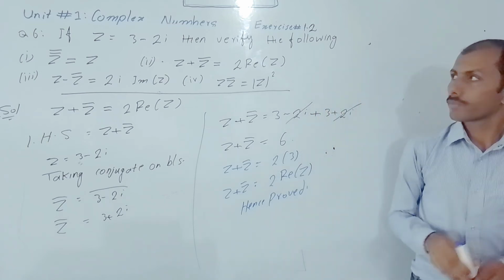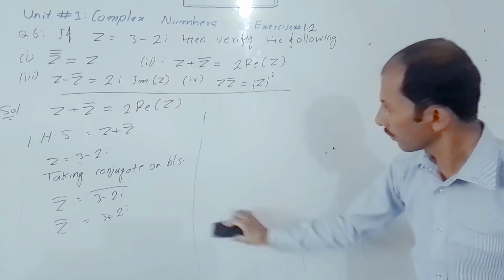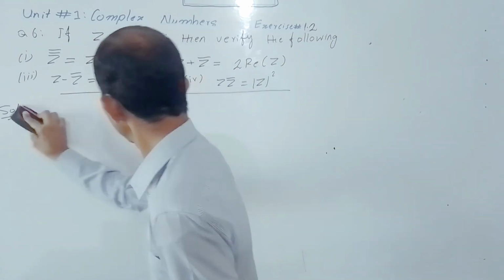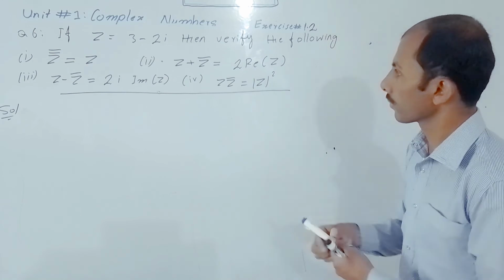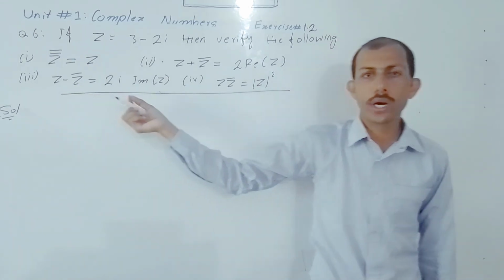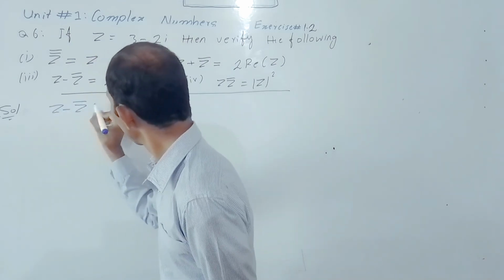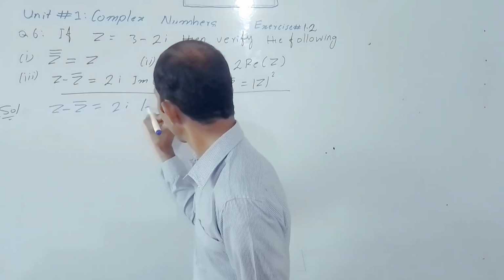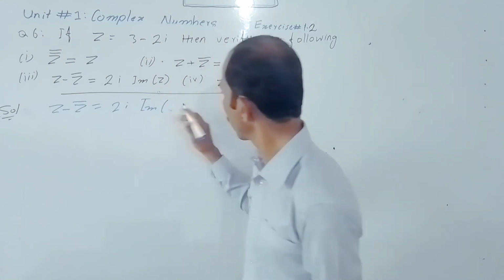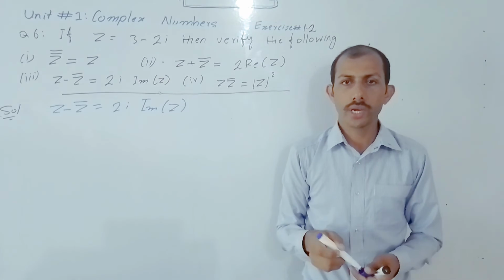Next part. Part number 3: z minus z conjugate is equal to 2i imaginary of z.